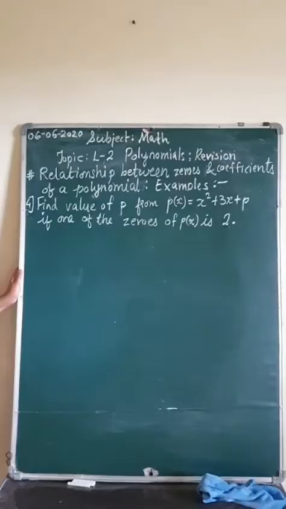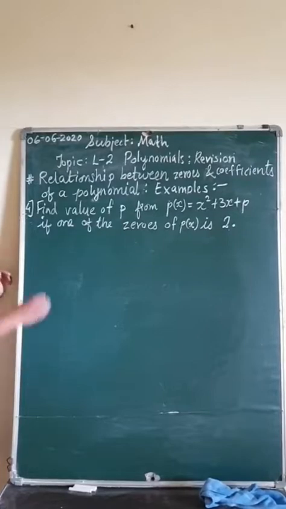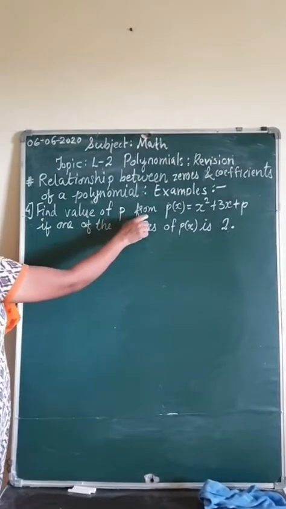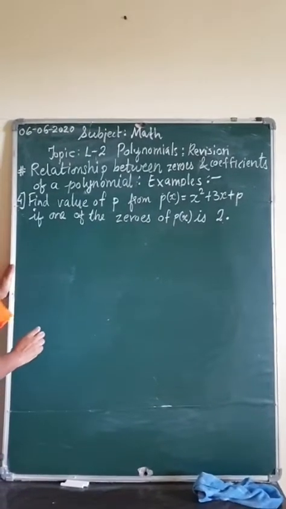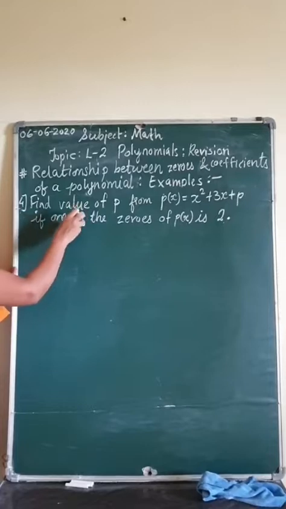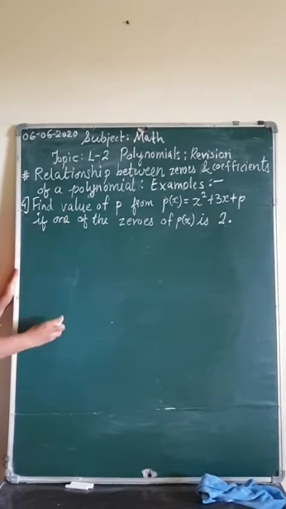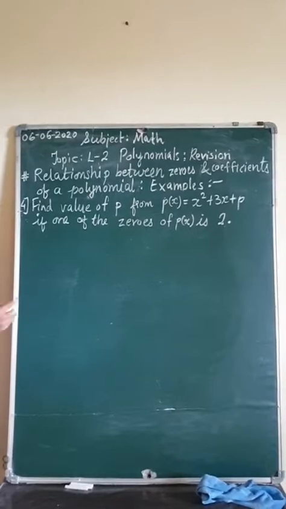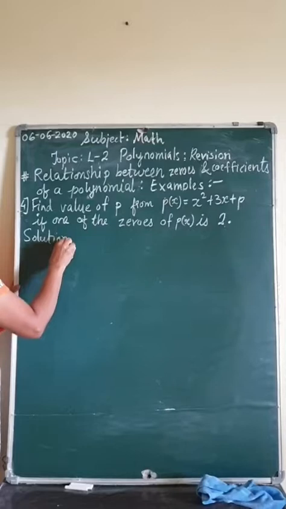In this fourth sum, we have to find the value of p from the polynomial x square plus 3x plus p if one of the zeros of p of x is 2. Now this is a 1 mark or 2 mark question and it's very easy, but we have to write in a proper format. How? See what they have given us. First of all, we have to write a solution.